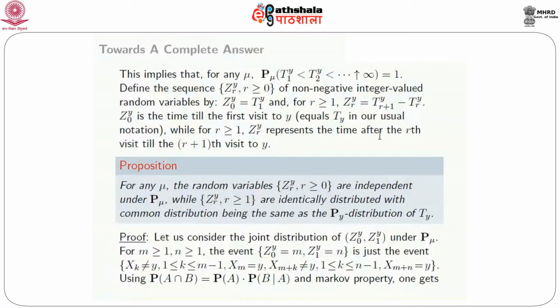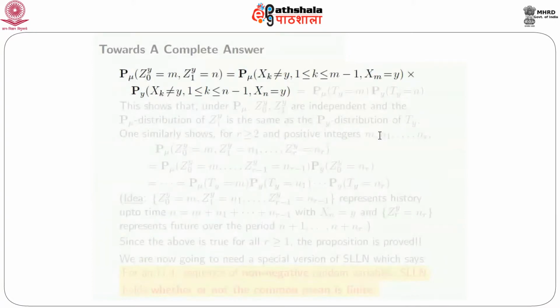That is, you are given the history up to time m, and at time m it's y, and then you are asking the conditional probability of something in the future. So using that, the probability of the event that we're interested in would turn out to be the P_mu probability that X_k is not equal to y, so that's the P_mu of A. And the second part, the conditional probability given that X_m equal to y, would be exactly the same as that for a Markov chain starting at y that visits y for the first time at time n.